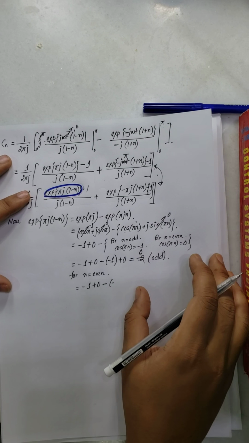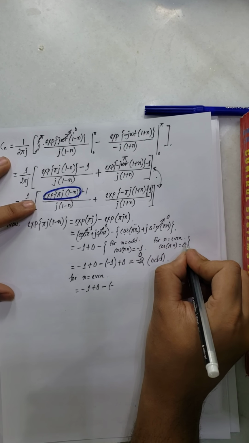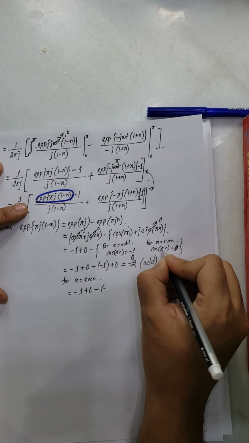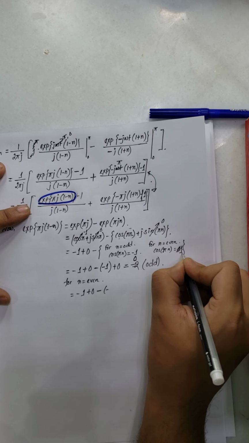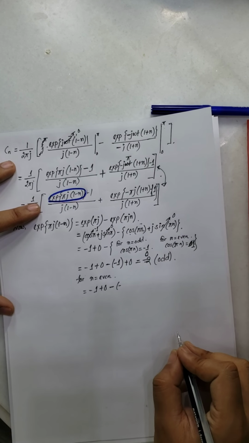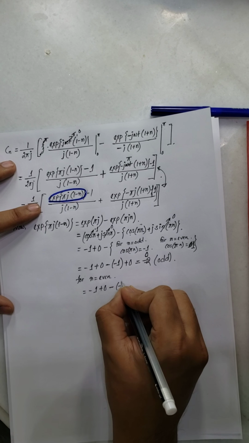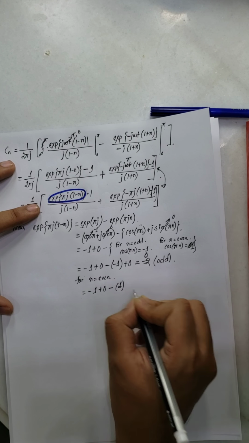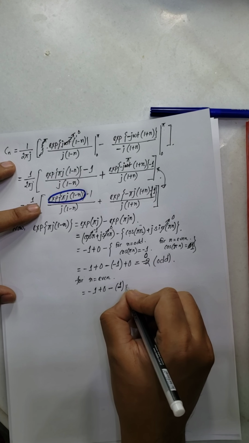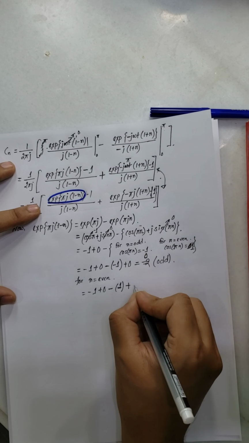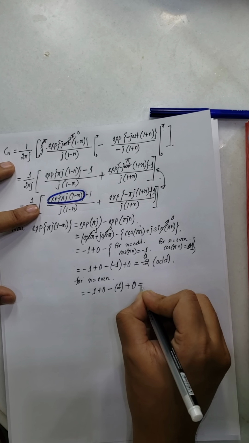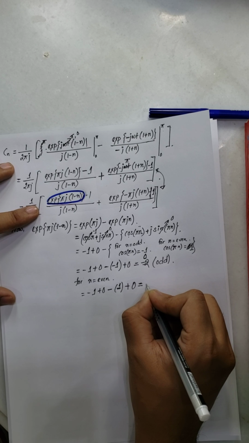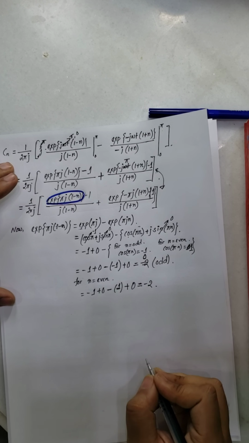I'm so sorry, ladies and gentlemen, there has been a mistake. Cosine of pi n when n is even is equal to 1, not 0. So this becomes 1, and the sine term will always be 0, so it becomes minus 2.